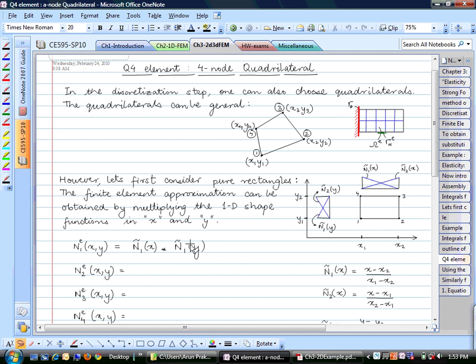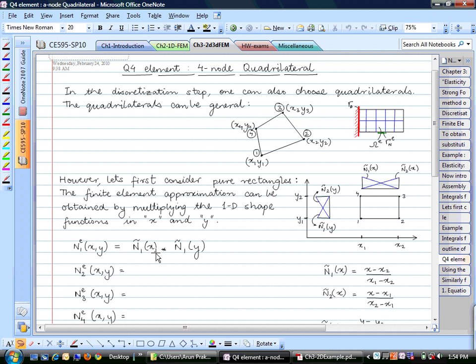So let's check whether this shape function actually satisfies our intuition about the finite element. If I plug in the value of x as 2, 3, or 4. So if I plug in the value of x as 2, what happens?